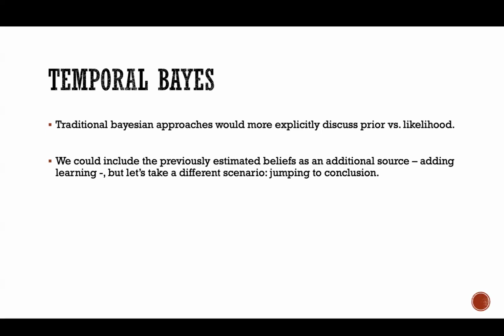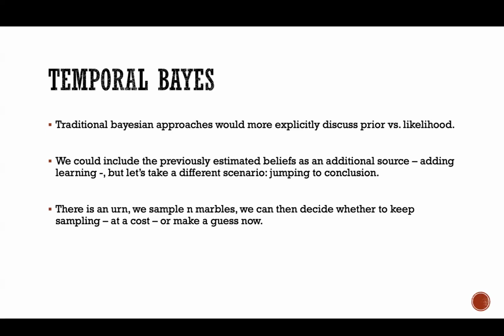So we'll take a kind of experiment that often is called the jumping to conclusion experiment. I'll explain why in a bit. There is an urn, and we sample n marbles from the urn, and we can then decide whether to spend 10 krona and sample again to get more information, or make a guess now.